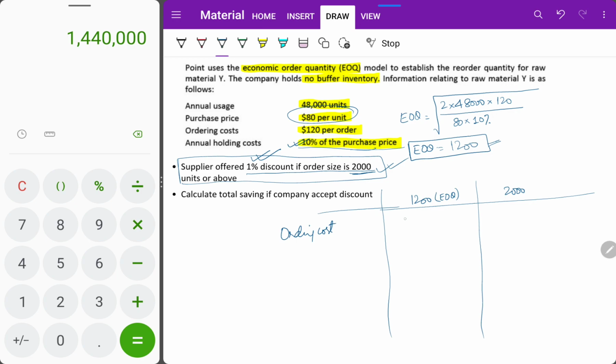Ordering cost is simply annual demand divided by order size multiplied by ordering cost per order. So it's simply 48,000 divided by 1200 multiplied by 120, so it's around 4800, right? And if you buy 2000 kilograms per order, that will be 48,000 divided by 2000 multiplied by 120, so that will be 2880.